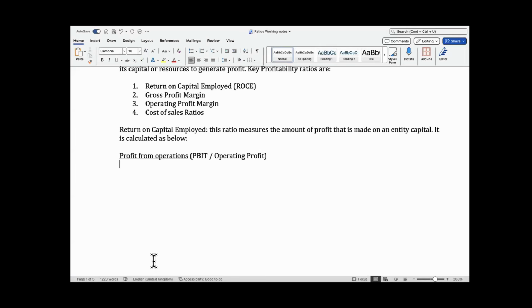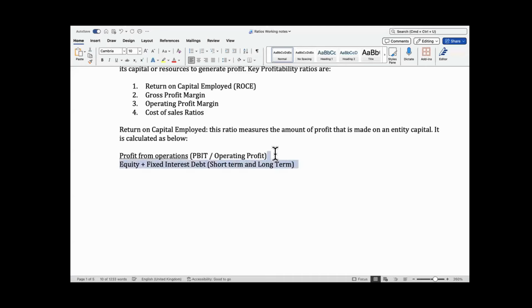In some, they will not. But if you're using profit from operations, then the capital must be equity plus fixed interest debt, meaning both short-term and long-term, except the examiner states otherwise.